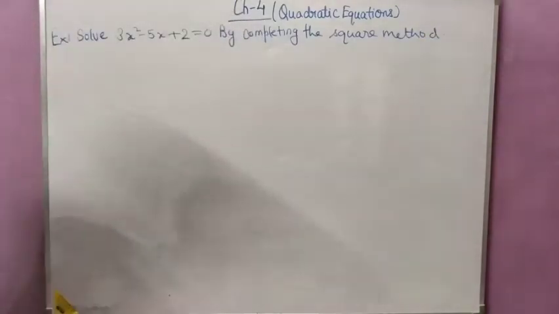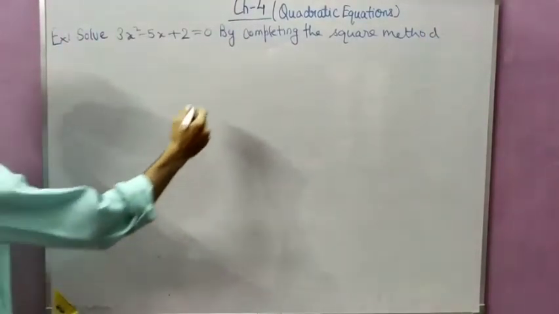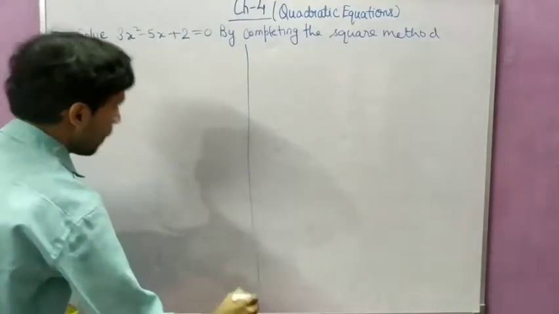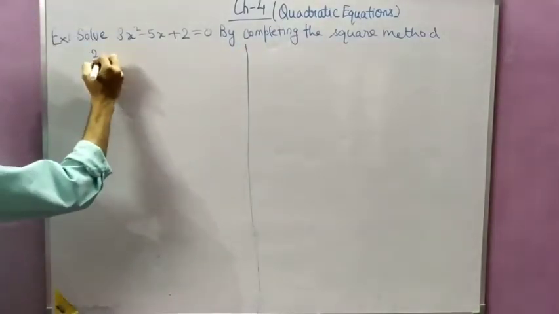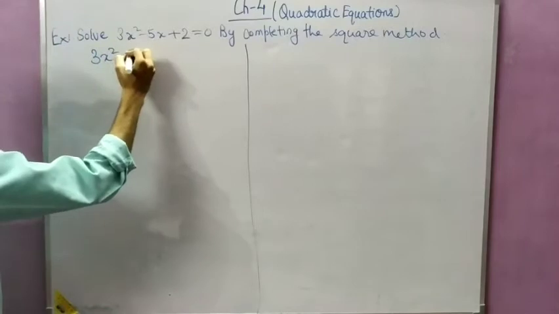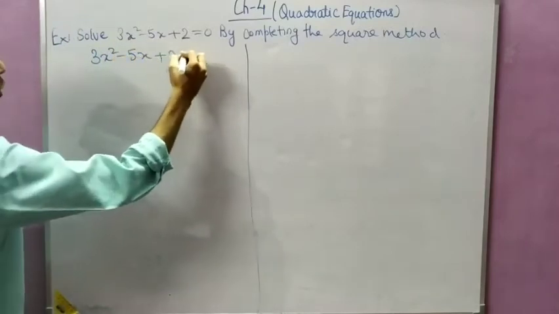Now note down the question. So the question is 3x square minus 5x plus 2 equal to 0.